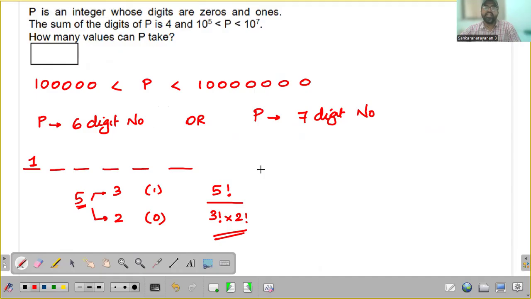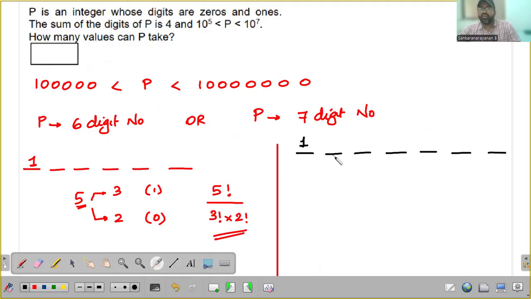That is, if P is a 6-digit number. Now what if this P is a 7-digit number? 1, 2, 3, 4, 5, 6, 7. So definitely it starts with 1. You can see that there are altogether 6 spaces available.